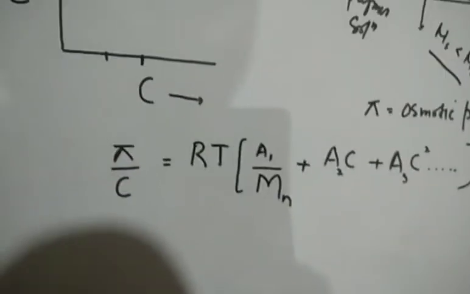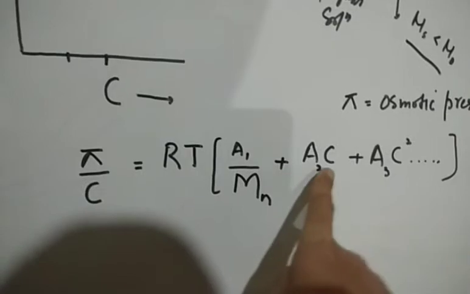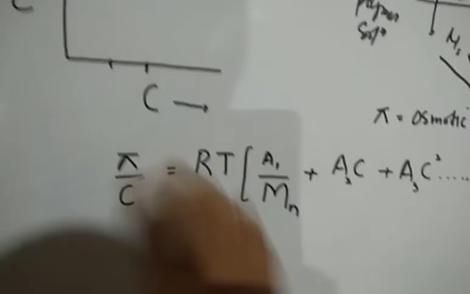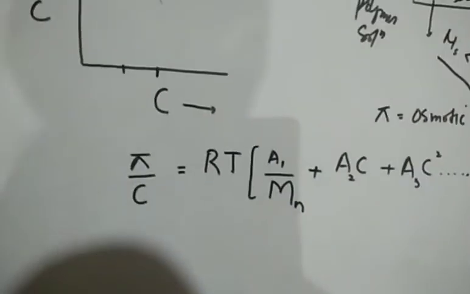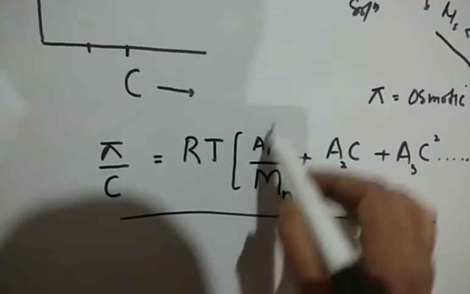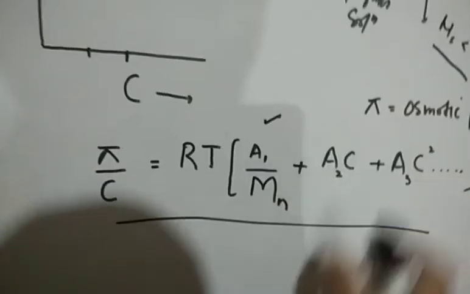We need not derive this because it is already derived, and that is not our scope at the moment. So pi/c varies with respect to the concentration and with respect to the molecular weight via this relation. This is basically the virial equation. These A1, A2, A3 are called virial coefficients.